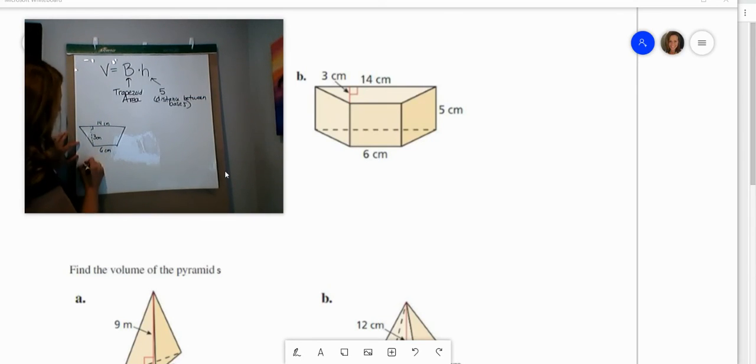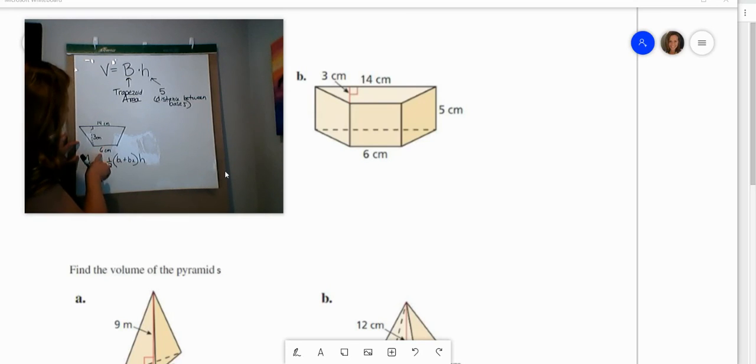Now the area of a trapezoid formula is 1/2 the sum of the bases times the height. That's because we're basically averaging the bases, and then this is like the average of the bases times the height.